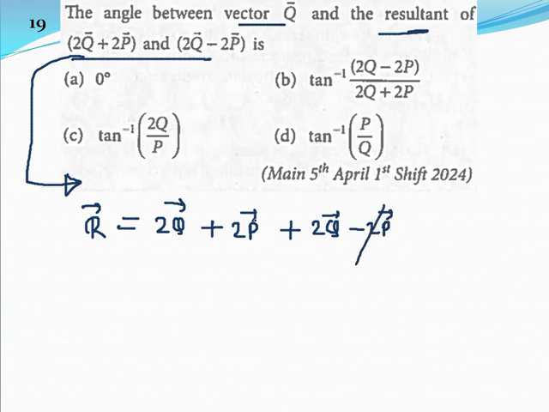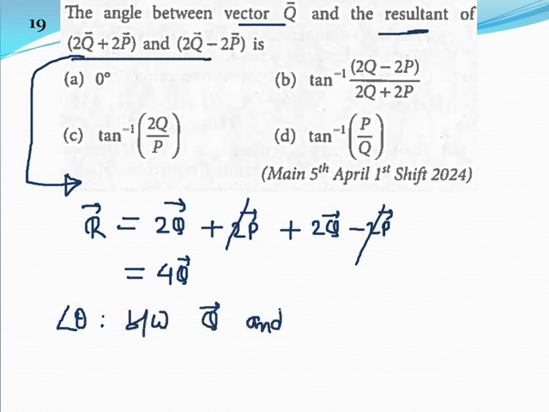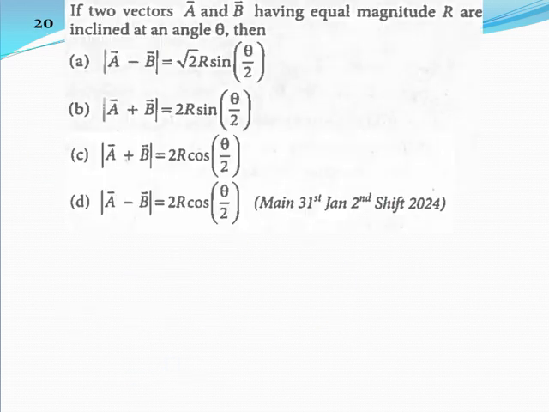In vector addition, these two values get cancelled, so it remains 4q. So the angle theta between vector q and 4q becomes 0 degree. Answer is 0 degree.